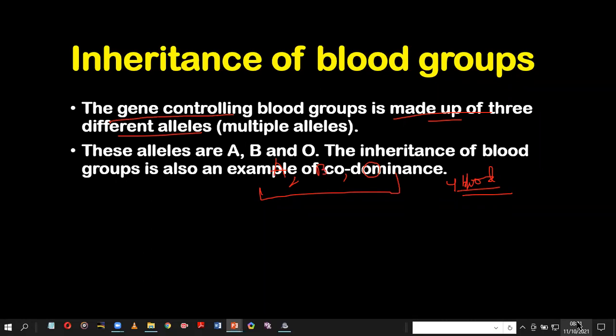You just think about it and tell why it's called codominance. Because you have studied codominance and I've given you a highlight on the ABO blood group system.